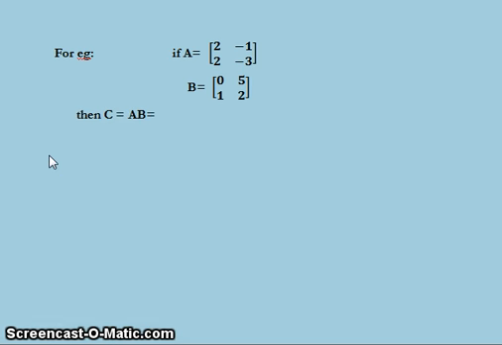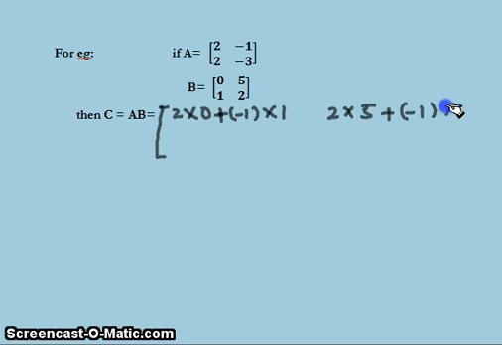This gives us the value of the matrix C, which is equal to the product of A and B, and whose value can be found out as 2 into 0 plus minus 1 into 1. The second element of the first row is given as 2 into 5 plus minus 1 into 2.